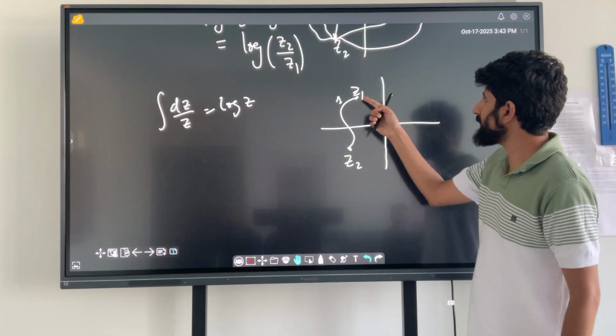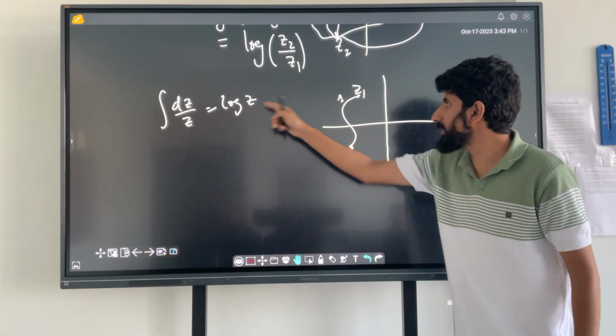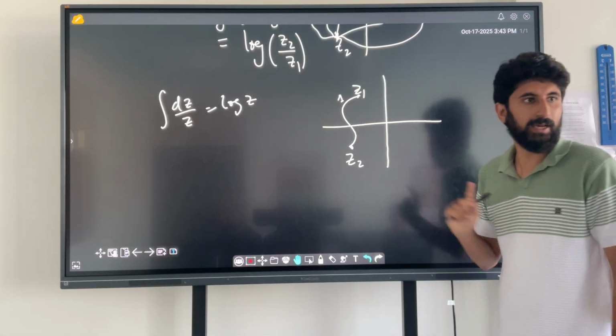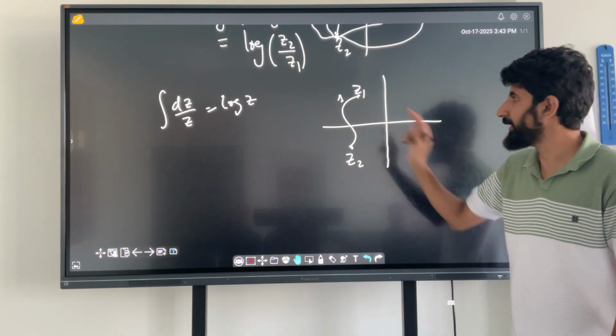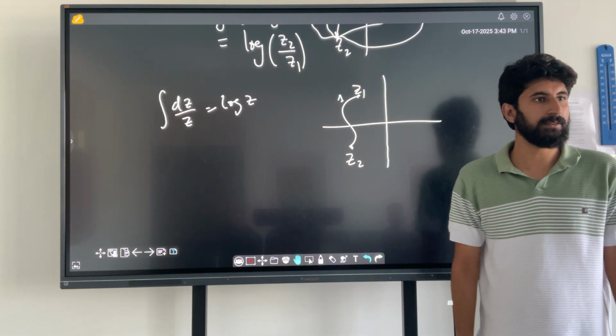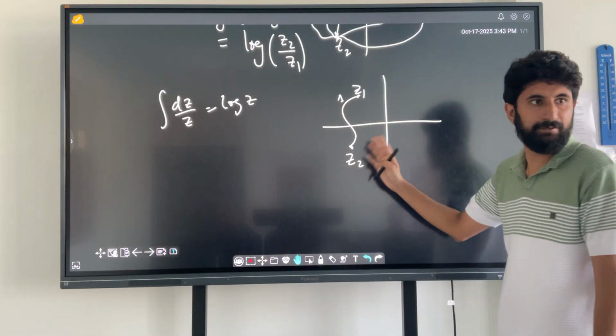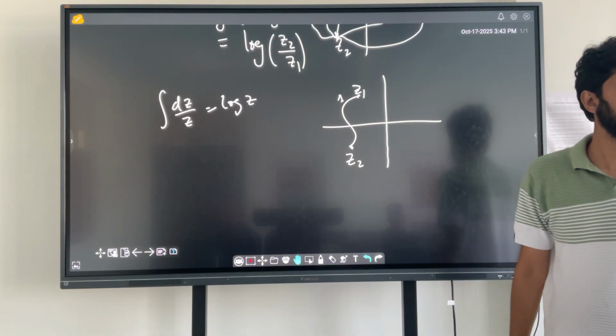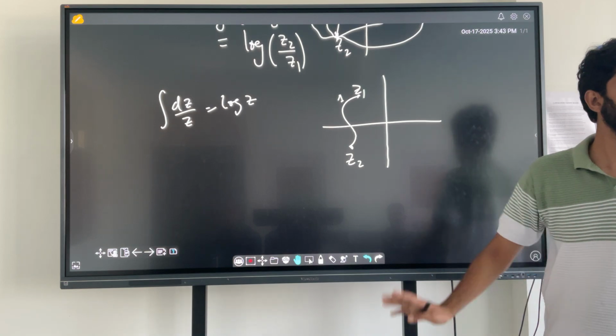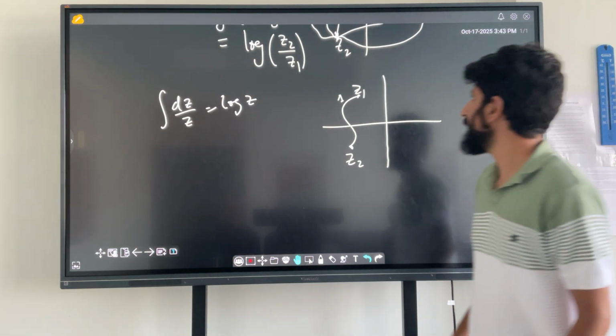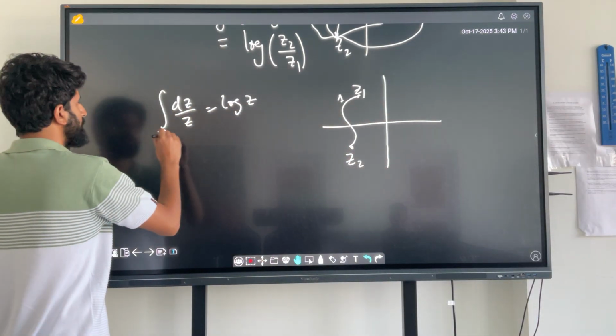So if I track log z, what happens to log z along this path? I don't see any funny business. I just see log z is continuous, analytic everywhere on this path. There is no issue. So I take this path from z1 to z2 and associate this value to it.